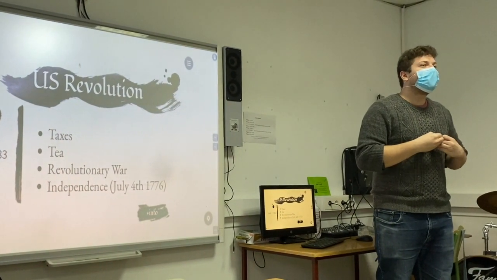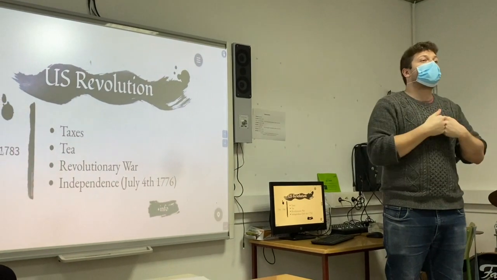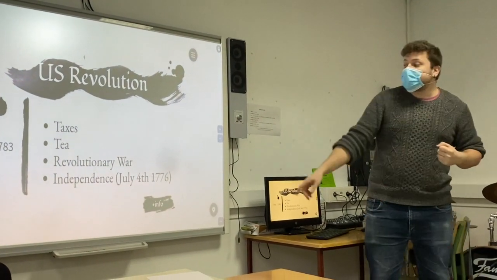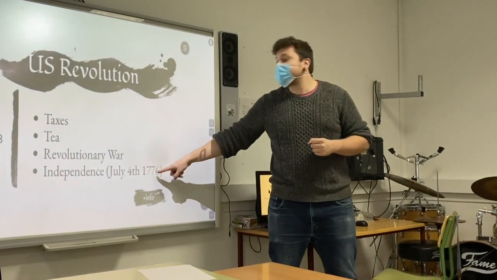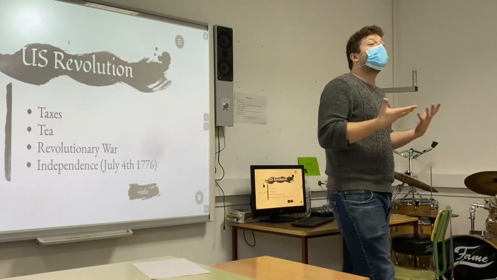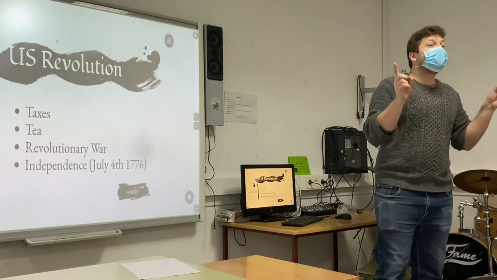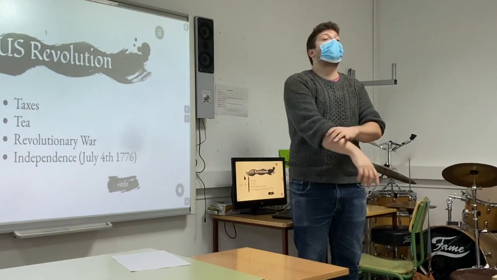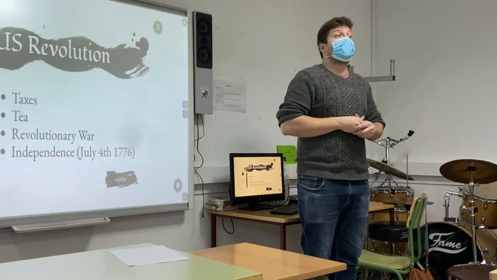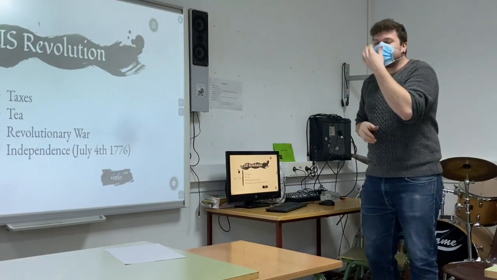And the British said, no, you're not, so they went to war. Okay? But this is the date of independence in the United States, July 4th, 1776. Even though the British did not agree to independence until 1783, and even later in some cases. Okay? So this is the US Revolution.